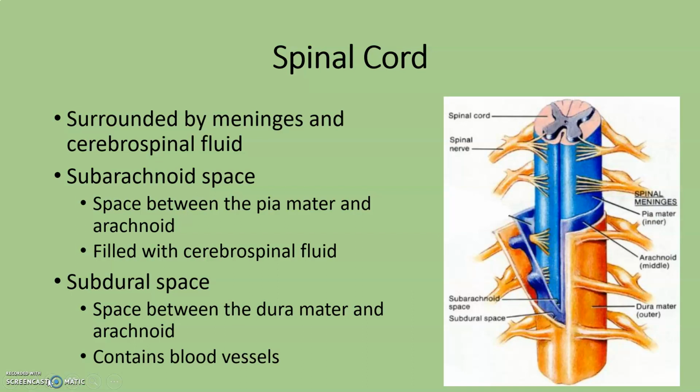Again, you have the dura mater, which is that outer protective layer, the arachnoid mater, which is that middle layer that has been described as having a cobweb type appearance, and then you have that innermost delicate layer, the pia mater, and that is what actually surrounds the spinal cord.